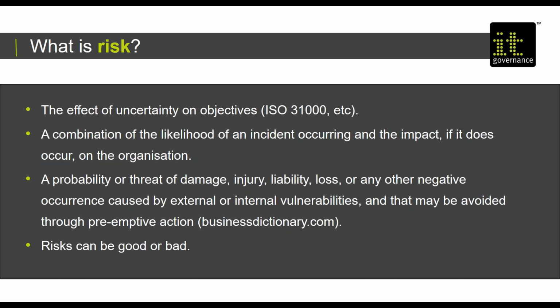In more practical terms, risk is a combination of the likelihood of something bad happening and the impact on the organization if it does happen. So obviously the likelihood of a tornado in the middle of East Anglia's Fens is low. The impact, if it were to occur, would be high. As a risk, you're probably going to determine that it's low on account of the likelihood being low. So you won't take big preparations to deal with it.